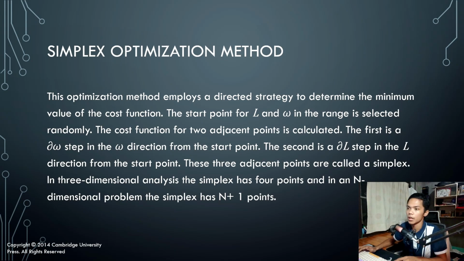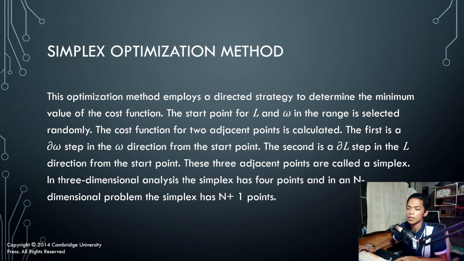This employs a directed strategy to determine the minimum values of the cost function. The start point for L and omega in the range is selected randomly. The cost function for two adjacent points is calculated. The first is a delta omega step in the omega direction from the start point.